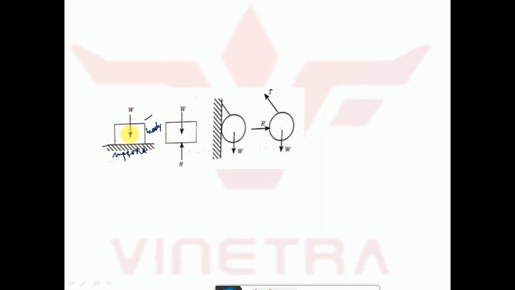The weight acts in the downward direction, and a reaction develops in the upward direction so that the body will not fall down. If the support is a table, the body will not fall because of this support. The support produces a support reaction in the upward direction, normal to the support.